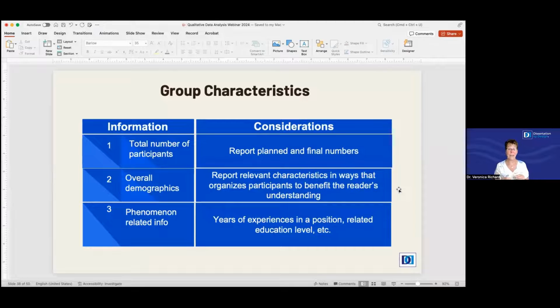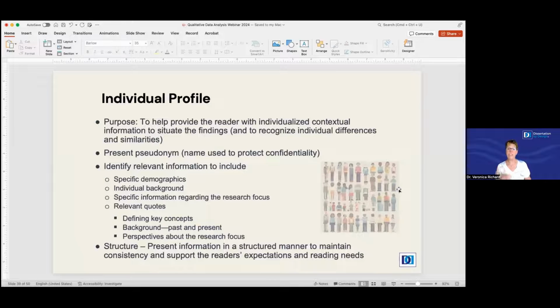This is key because if the reader doesn't understand who the participants are, it's going to be hard for them to wrap their heads around the data. The whole purpose of this is to help the reader understand who the participants are. The individual profiles, again, are to help the reader come to know the participants, but more on a personal level.